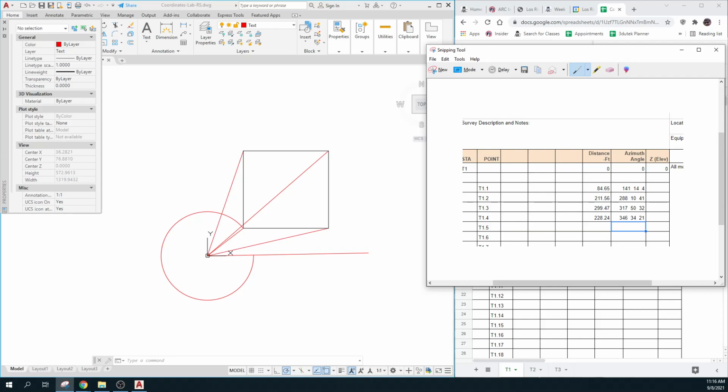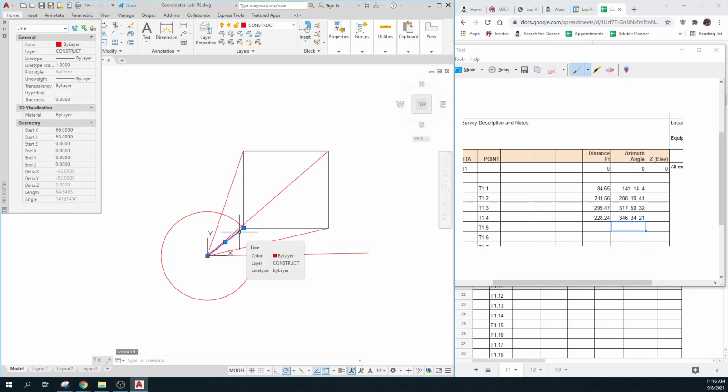I have a question. Yeah, JR. What is that circle thing again? That's just showing you where the angle is actually measured. So I'm measuring a clockwise angle. This is my 0 line, and so the angle for this one right here is measured from here all the way around to here, right?